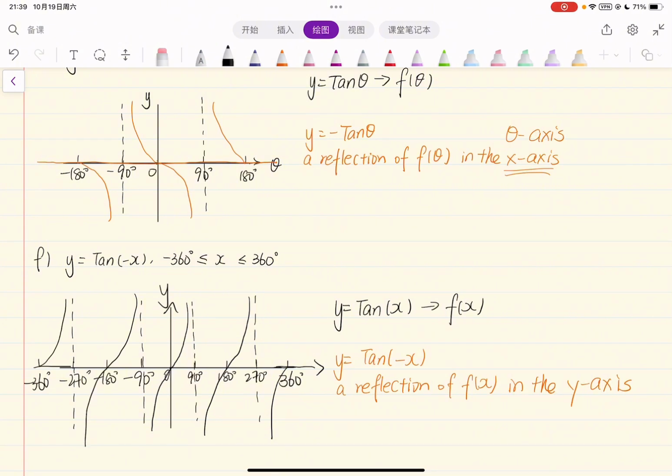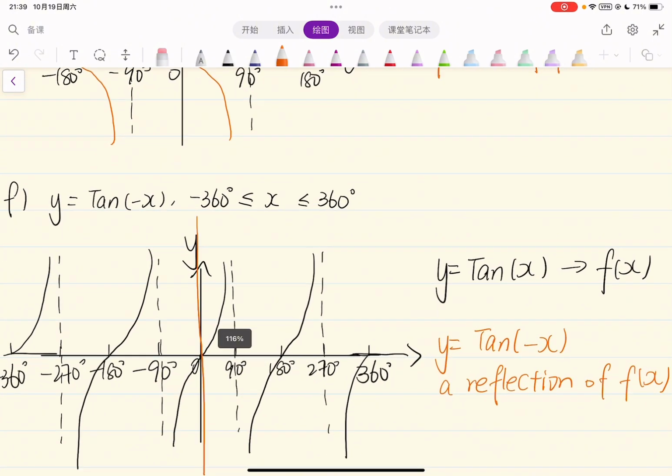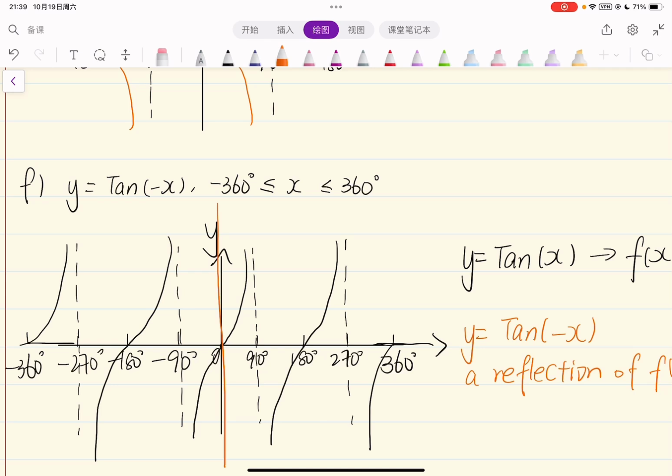For y equals tangent of negative x is a reflection of f(x) in the y-axis. So for the y-axis, now look at the graph between x equals 0 and 90 degrees.